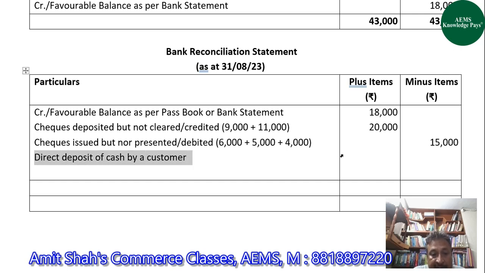Had we recorded this deposit of 4,000 in our cash book, the balance would have been more. But since we have not recorded this, the cash book balance is lesser than what it is in bank statement, and that is why this will come in the minus column. Because of this, the balance in cash book is lesser than in passbook. Is it clear to all, guys?